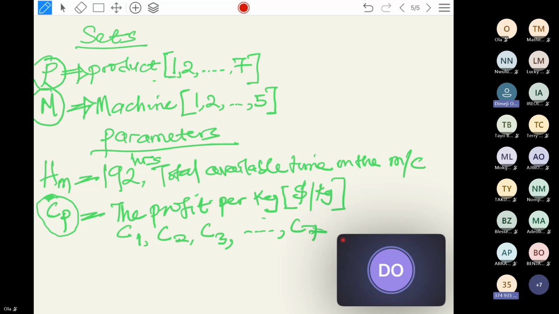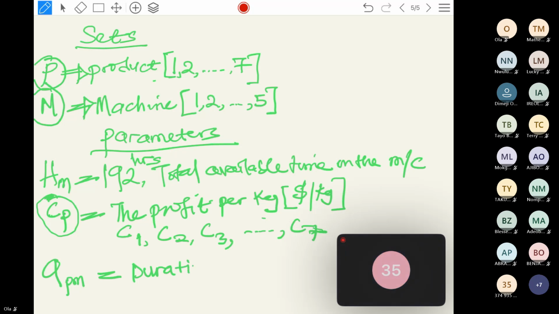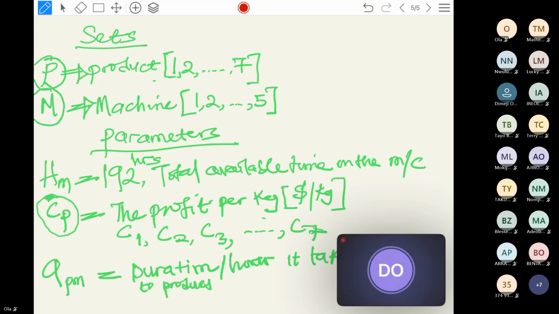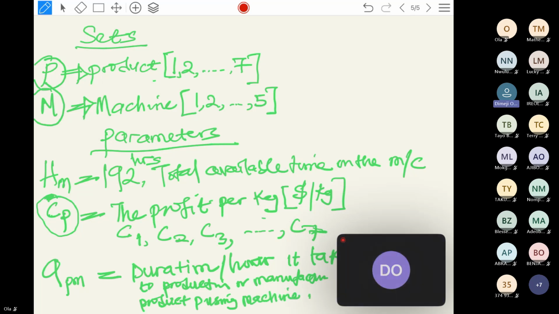Then the next parameter that we're going to look at is APM, and that stands for the duration, the hours it takes to produce or manufacture product P using machine M. So again, who can help us with what this APM means?